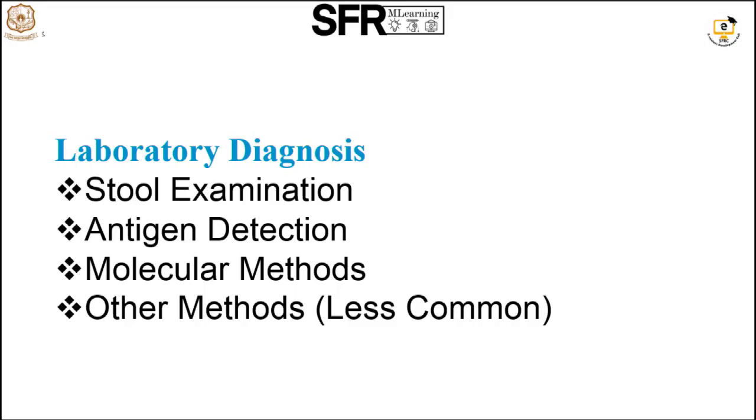In addition, antigen detection tests, that is ELISA or rapid immunochromatographic assays, provide sensitive and specific identification of Giardia in stool samples. Molecular methods such as PCR, that is the polymerase chain reaction, are used in special cases for precise detection, while procedures like duodenal aspirate or the string test are rarely employed when stool tests are inconclusive. Multiple stool samples are often required due to intermittent shedding of cysts.